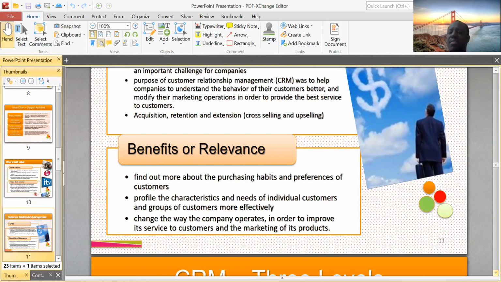Once we understand the purchasing patterns of customers, we're able to profile customers based on their spending. It also helps us to set up our organization or our mode of operations in such a way that we are able to deliver more value to the customer. We are able to relate to the customer much better.